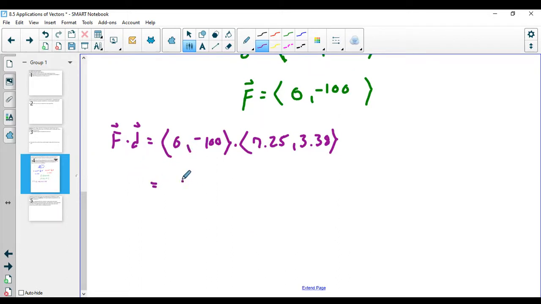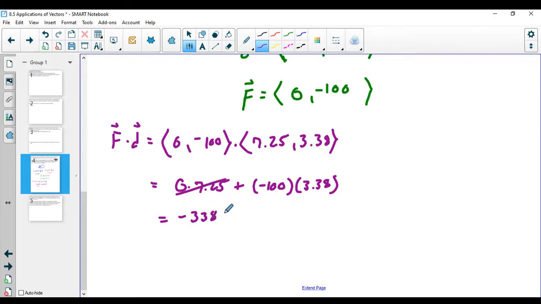And that's going to equal 0 times 7.25 plus negative 100 times 3.38. So negative 338.